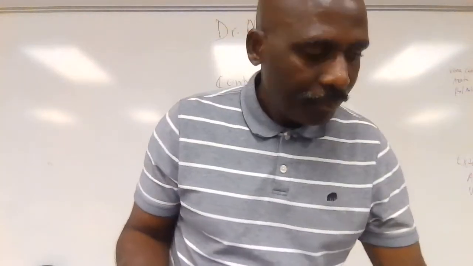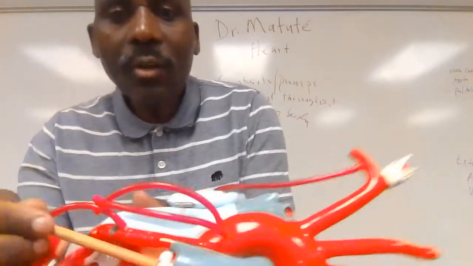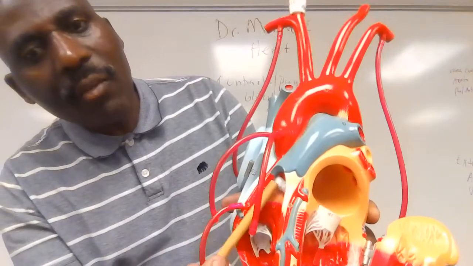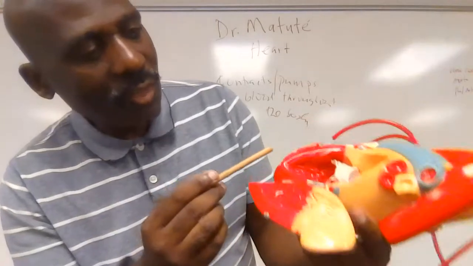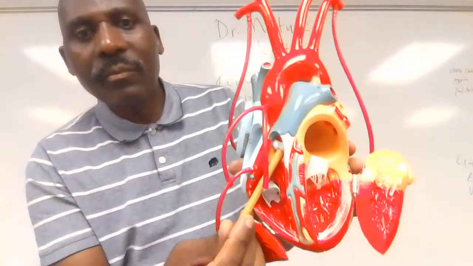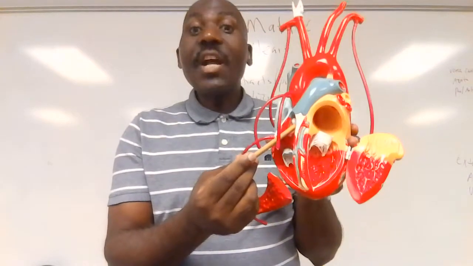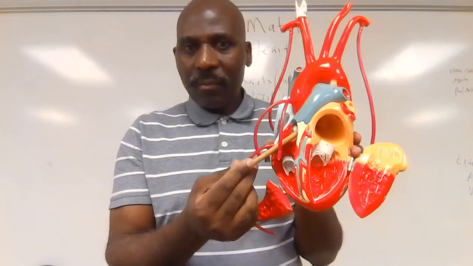Then we have a second set of valves. You can see them right here. I hope that can be seen. They are called the semilunar valves. When the semilunar valves open, blood is pumped out of the heart.